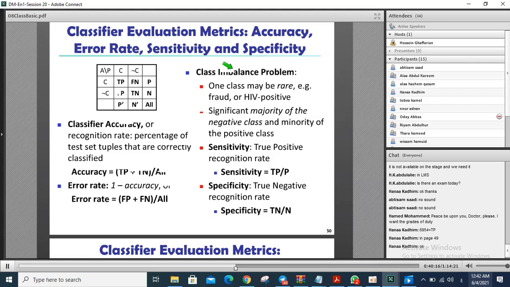The problem with an imbalanced dataset is that the majority class strongly affects the accuracy. For example, if I know that just 1% of people in a society have, for example, HIV virus or cancer, 99% of people in the society do not have cancer. Just 1% has cancer.